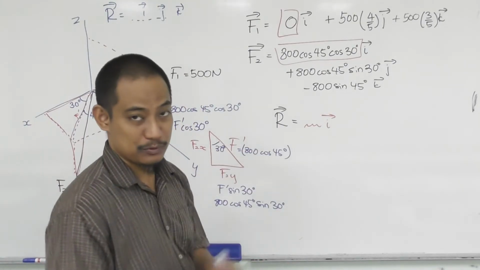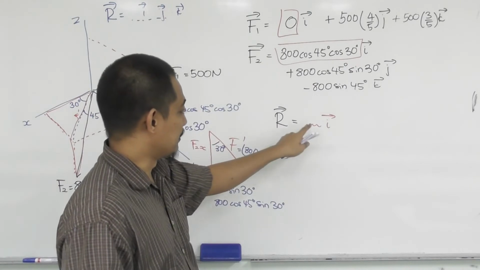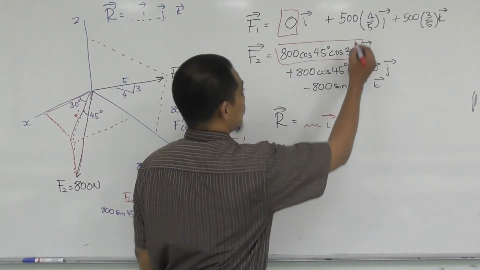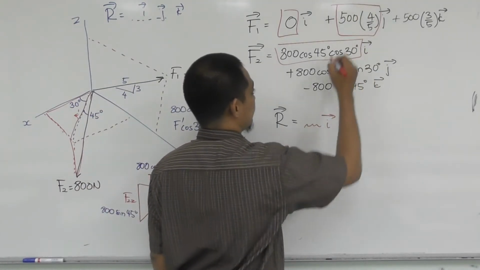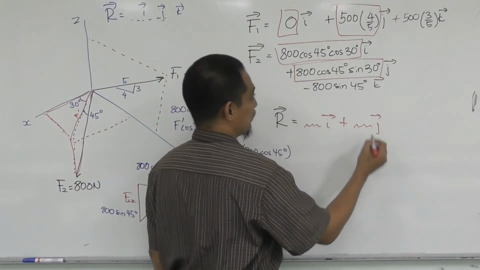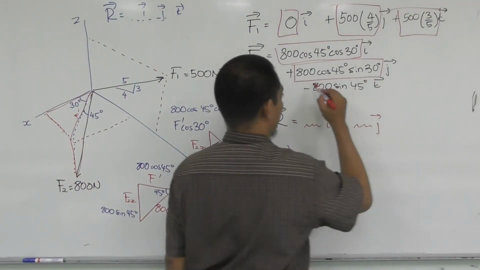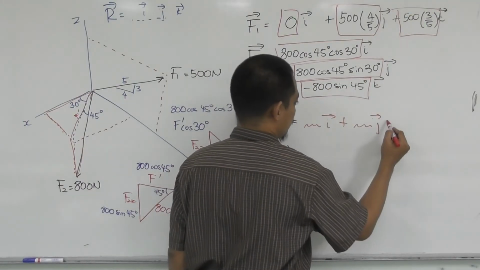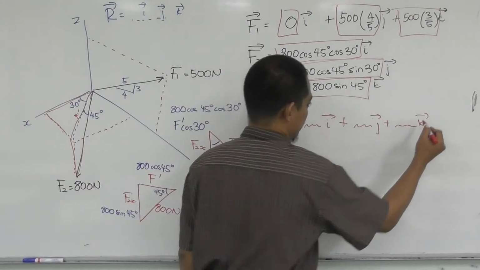So you know what's going on. You add these two, you get this one, and then you add this and this, you get the y component, and you get this plus this one, you get the z component.